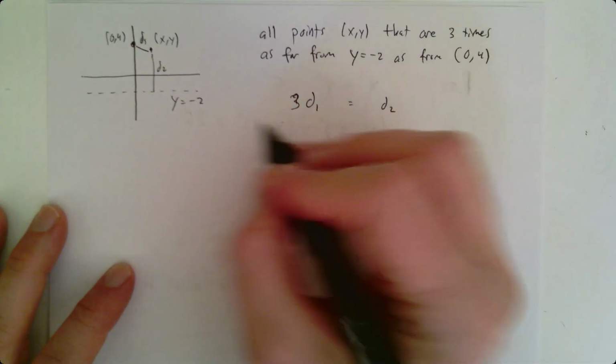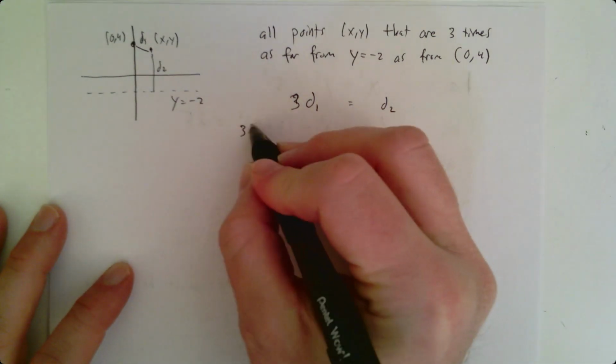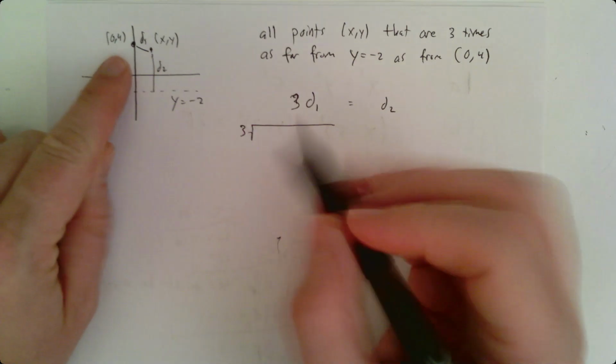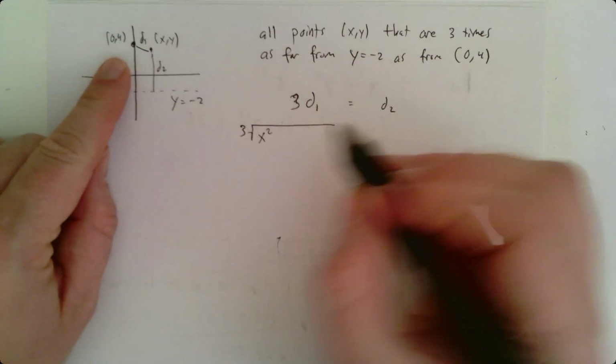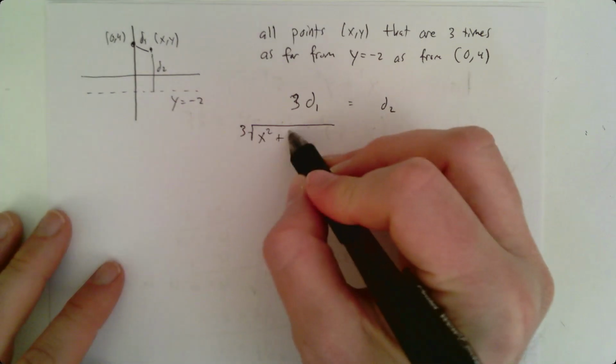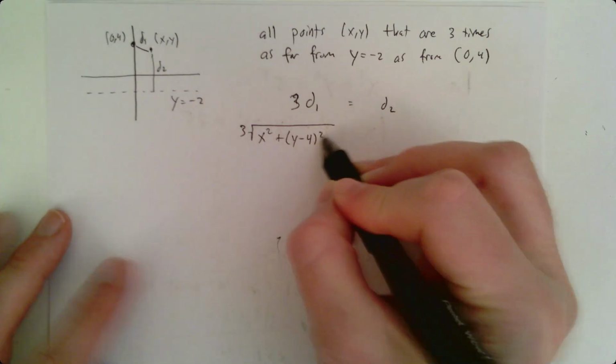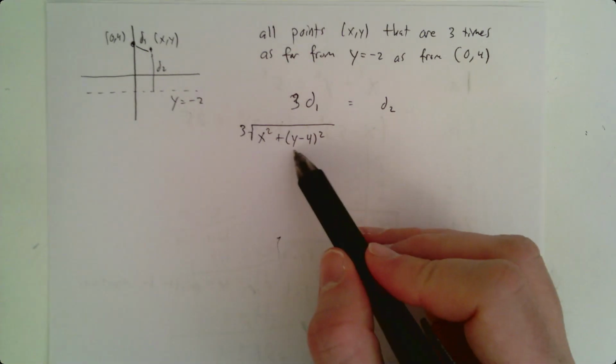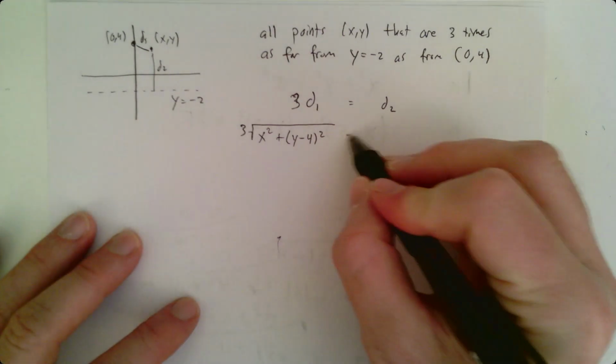So D1, I can use the distance formula. Difference in x's squared, so x minus 0 squared is just x squared, and then y minus 4 squared. Because I'm squaring it, I can write it in the ordering y minus 4, or we could write it in the ordering 4 minus y, either one.